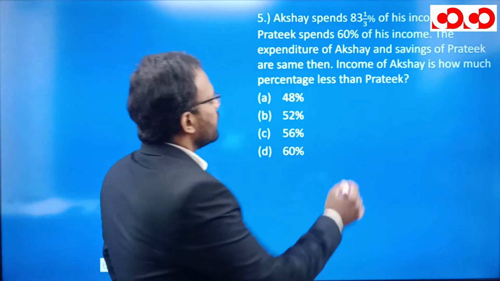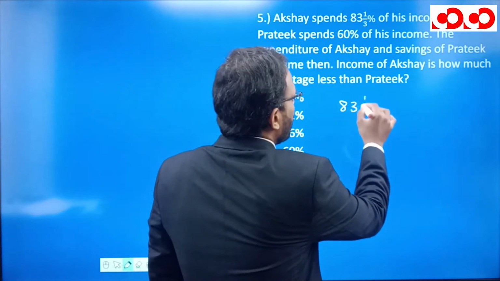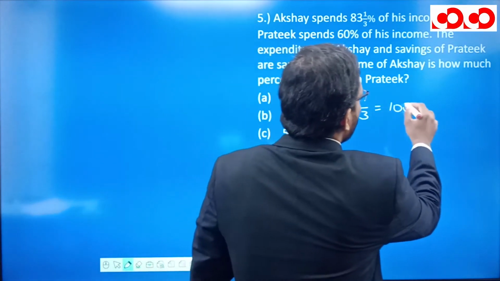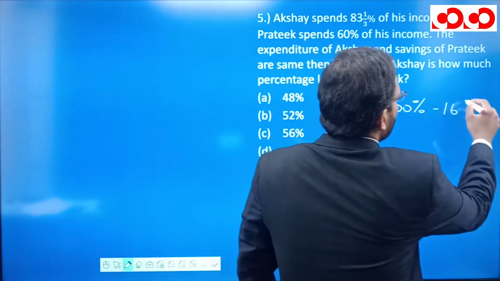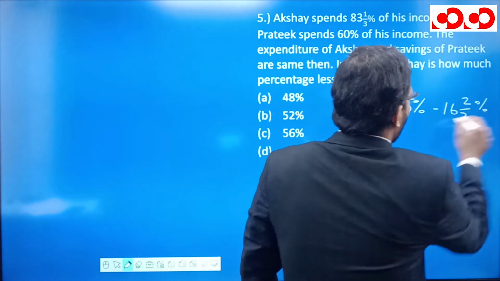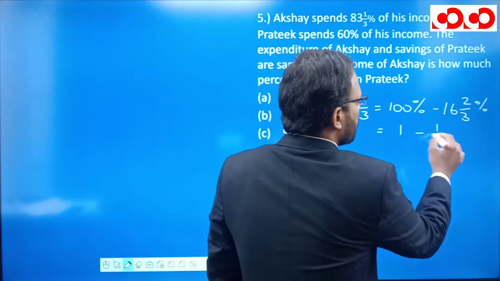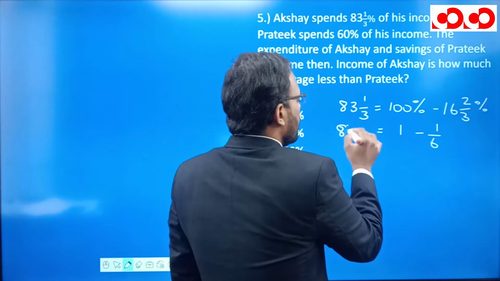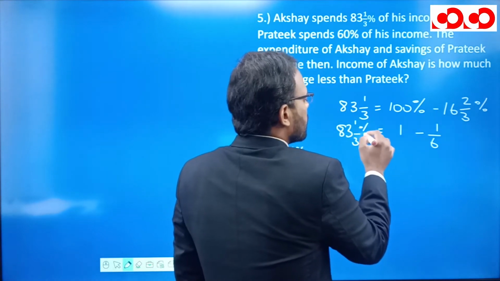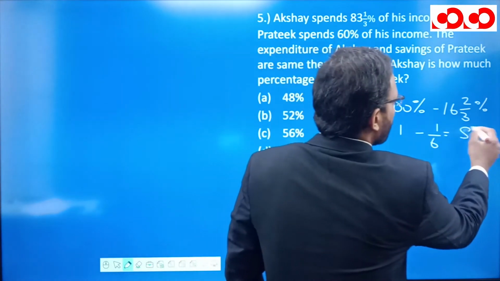How can we write 83 1/3? We know that 83 1/3 is nothing but 100% minus 16 2/3%. We know that 100% is 1 and 16 2/3 we have already seen is 1/6. So this 83 1/3% is nothing but 1 minus 1/6, which is 5/6.